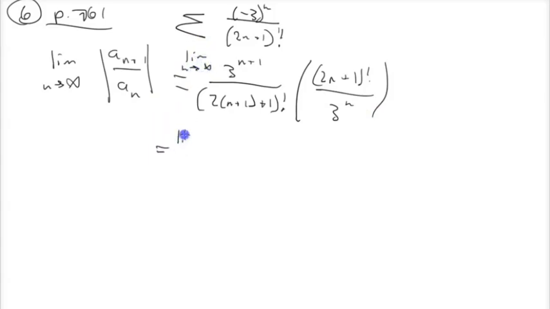And so now we can start simplifying. 3 to the n plus 1 is really equal to 3 times 3 to the n, and 2 times n plus 1, we distribute that 2, we get 2n plus 2 plus 1, so it's 2n plus 3 factorial.